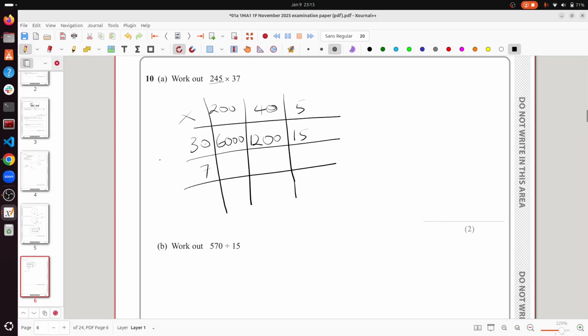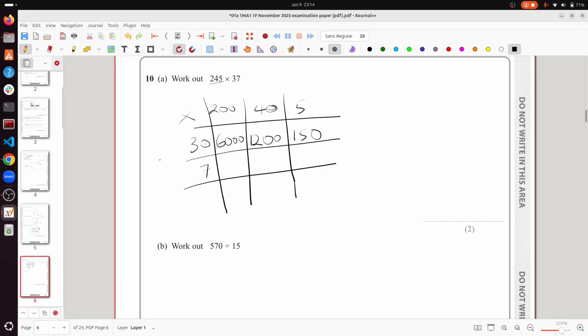I have just 1 zero there. So I am actually doing 30 times by 5, but it's the same thing. So 30 times by 5 is the same thing as doing 3 times by 10 times by 5. And I'm multiplying this one first, 15 times by 10, and that gives me 150.